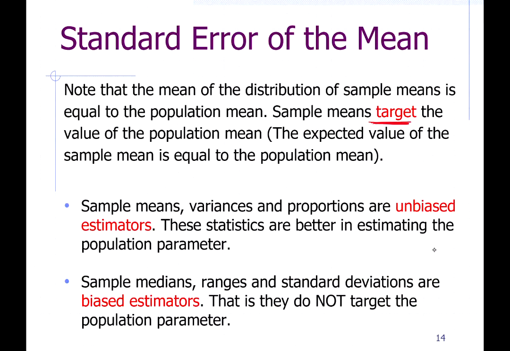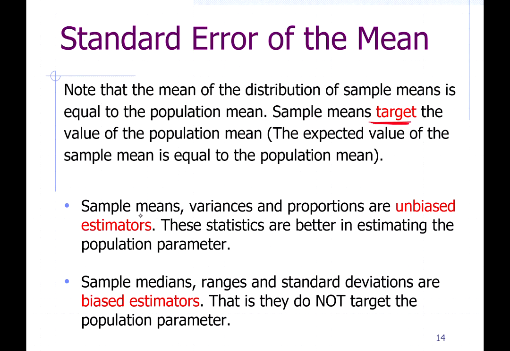All right, so that about does it for this video. In my next video, I'll also talk about which sample statistics are unbiased estimators, or which sample statistics target the population parameters and which ones don't.